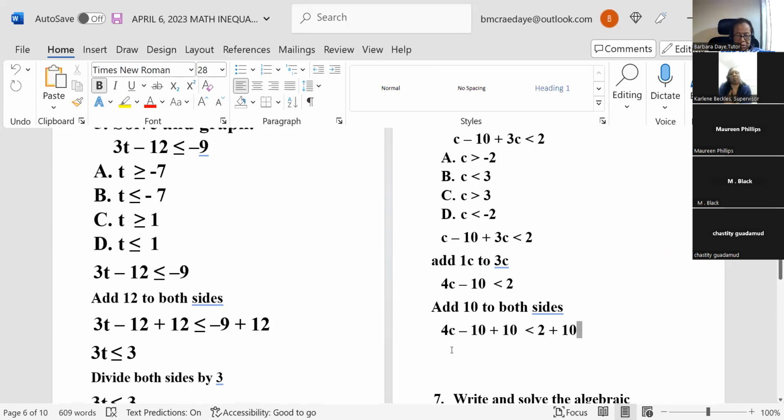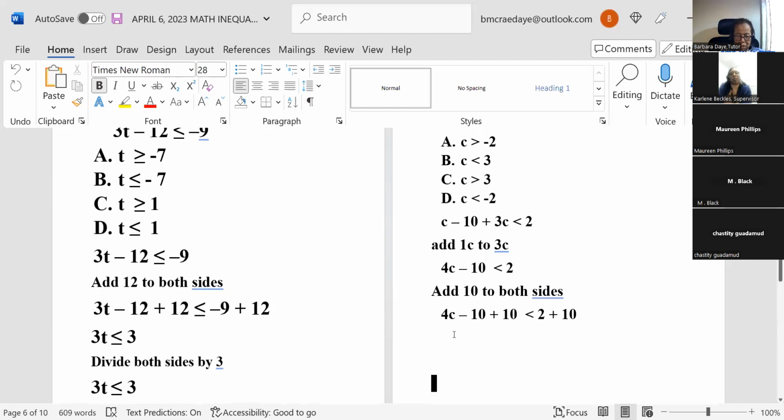Okay, Mercedes, what do you get on the left side? On the left side, I'm gonna get 4C. That's right, 4C. And what do you get on the right side? On the right side, I'm gonna get 10 plus 2, or 12. That's right.